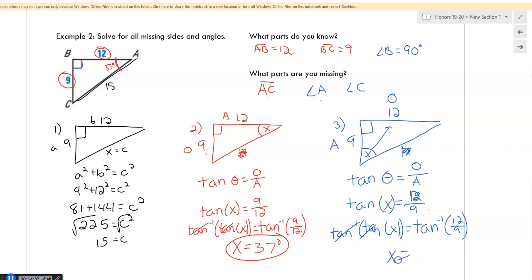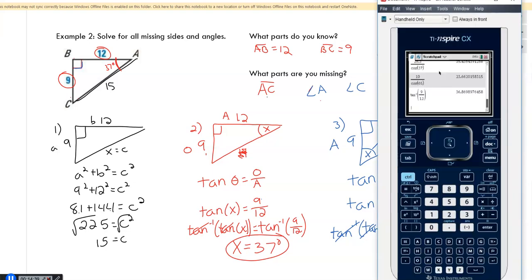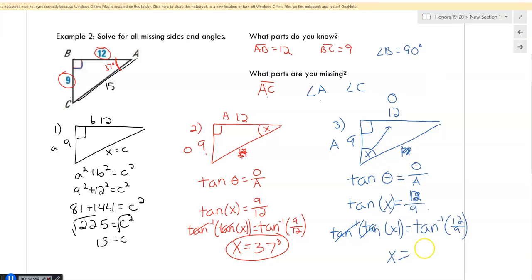So we get x equals about 53 degrees. So if you do it correctly, these should add up, right? You can check that these do add up. But again, we kind of want to make sure we use the sides we've been given to solve for everything.